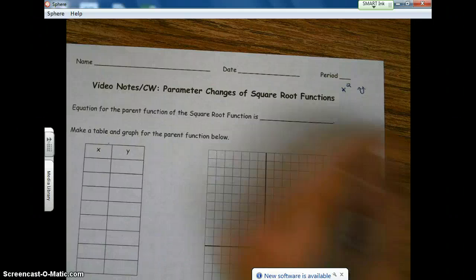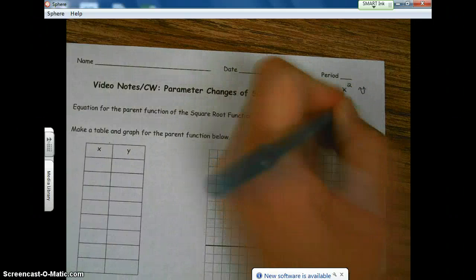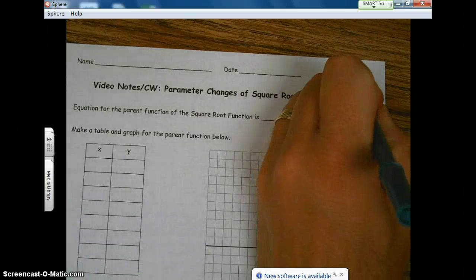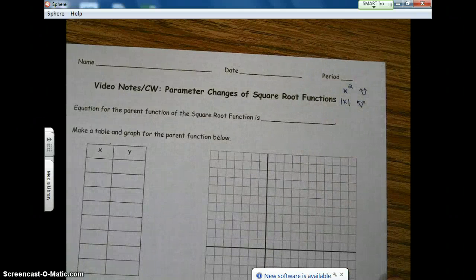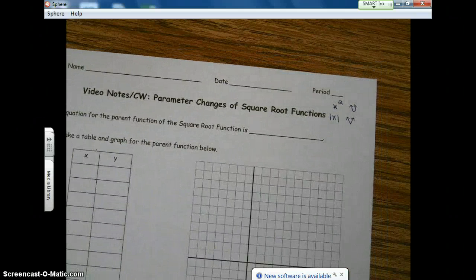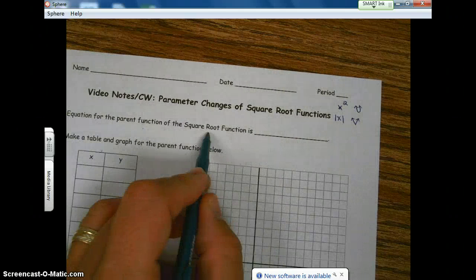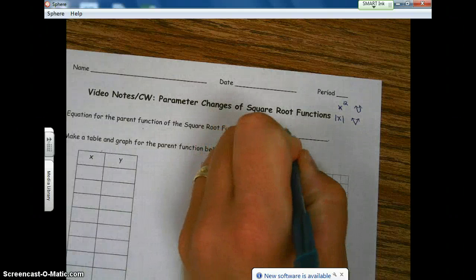An absolute value function makes a V. So today we're going to look at a square root function. The equation for the parent function of a square root function is y equals the square root of x.